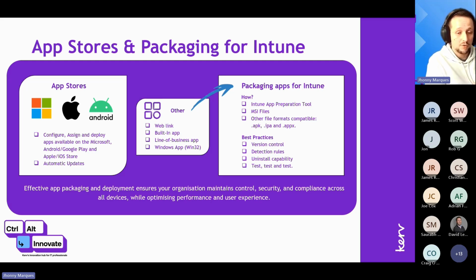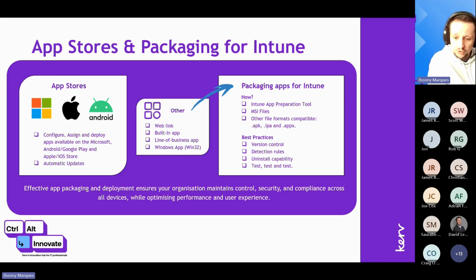And I say that for a reason. With line of business apps, you need to make sure that, A, it is technically viable. So we always recommend you do a technical acceptance test with your technical staff, whoever is deploying the app, to make sure that it's actually doing what it's supposed to do. You then do user testing with a group of users that will actually be using the app.